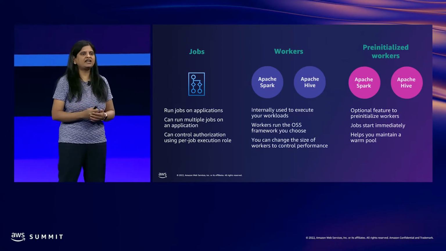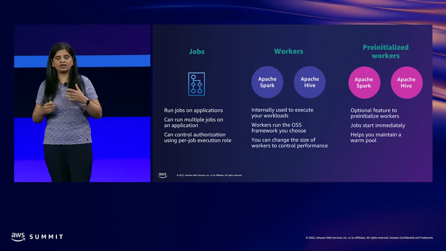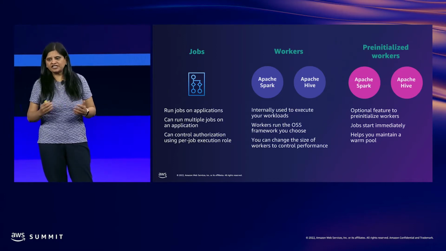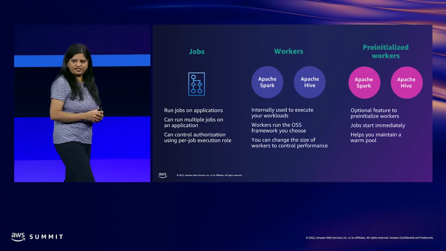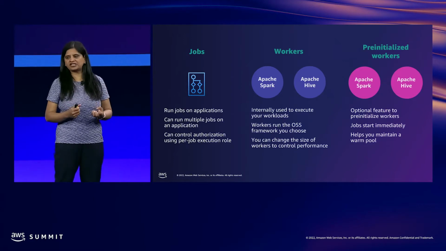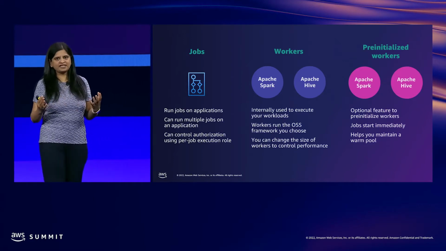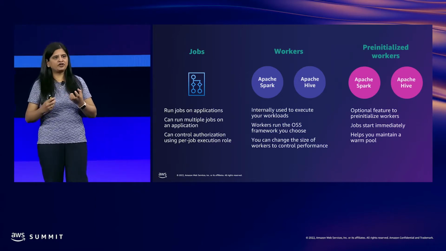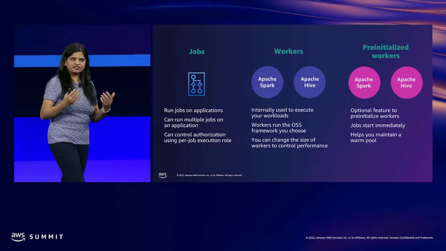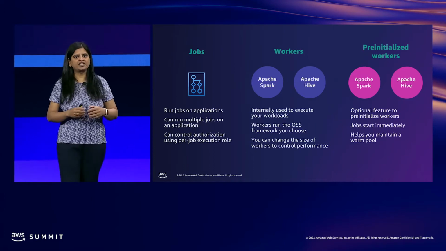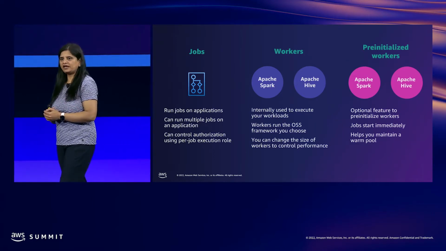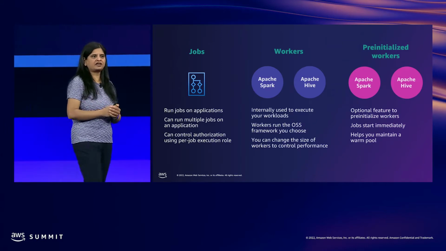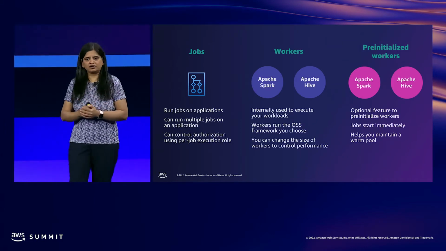And then finally, we have an optional feature called pre-initialized workers. Pre-initialized workers is an optional feature that lets you pre-initialize workers. What this means is when you create an EMR Serverless application, you can submit two types of jobs. The first type of job is a batch job, which you're submitting through a pipeline, like, for example, an Airflow orchestrator or a Step Functions DAG.